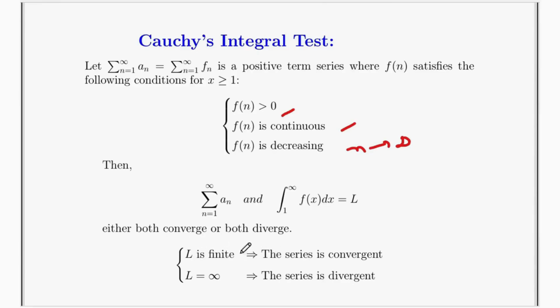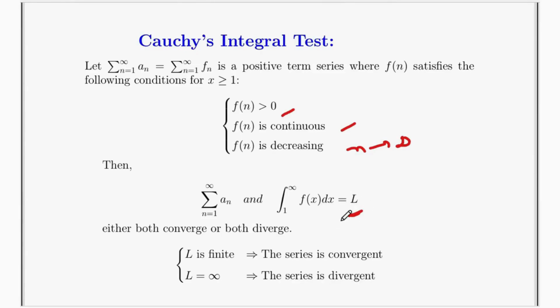Now this convergence and divergence depends on the value of this integral. Suppose the value of this integral is L. If L is finite, then this integral and this series both converge.